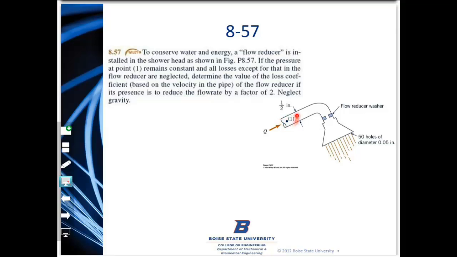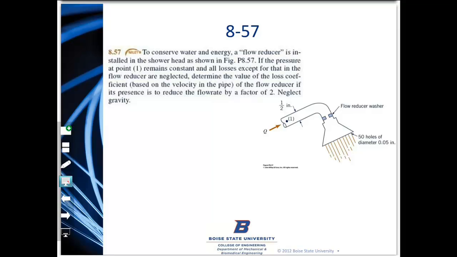If the pressure at point 1 remains constant and all losses except for that in the flow reducer are neglected, that means we have to consider the losses due to the flow regulator or reducer. You're asked to determine the value of the loss coefficient based on the velocity in the pipe.